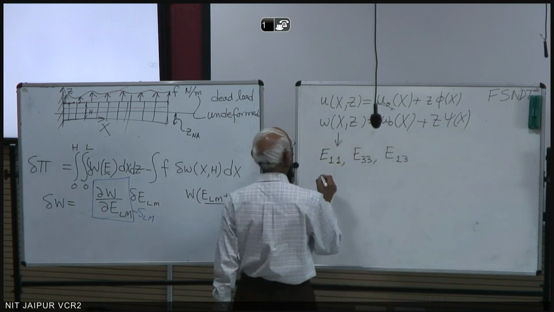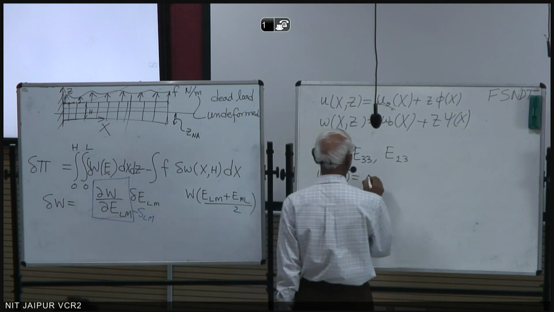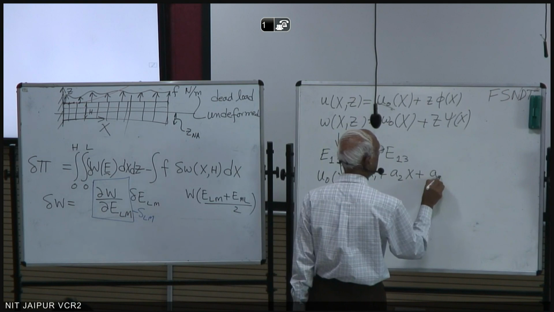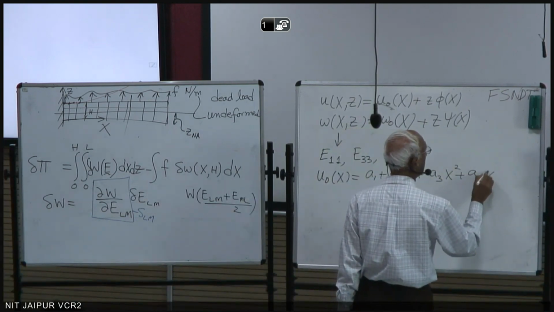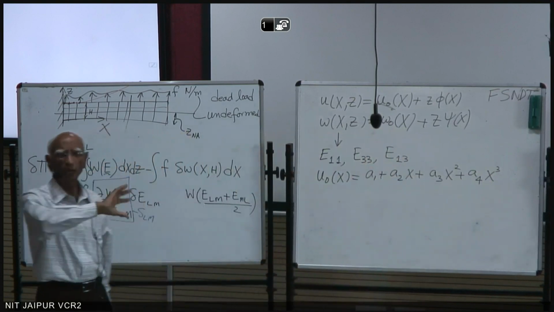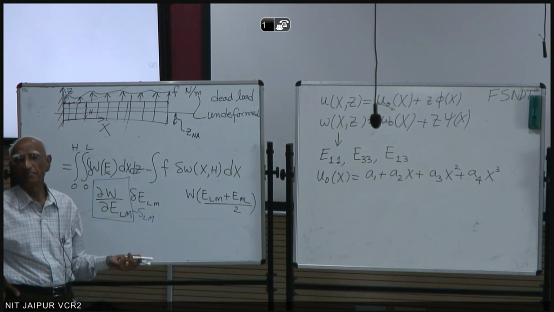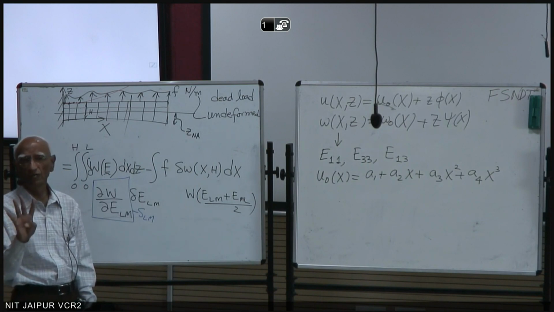We are going to say U0 is A1 plus A2x plus A3x squared plus A4x cubed, because yesterday our polynomials were cubic in x. So that's why we just stop at cubic in x. So we have four unknowns.